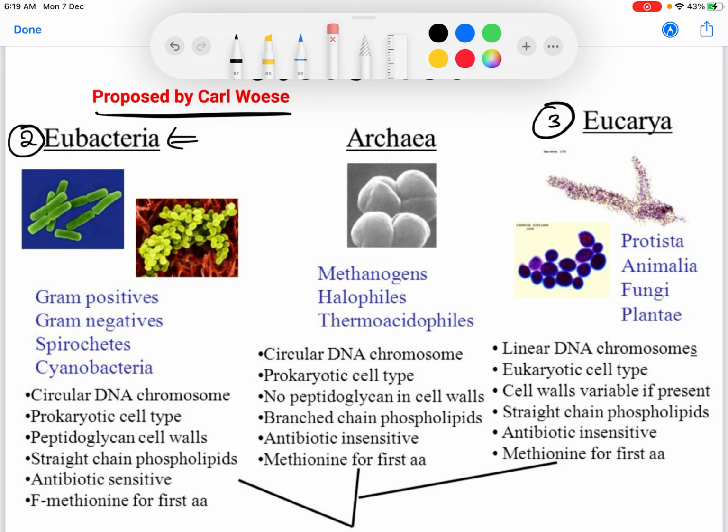So these are a few bacteria which are found in abnormal conditions, or conditions where normally life is not possible.